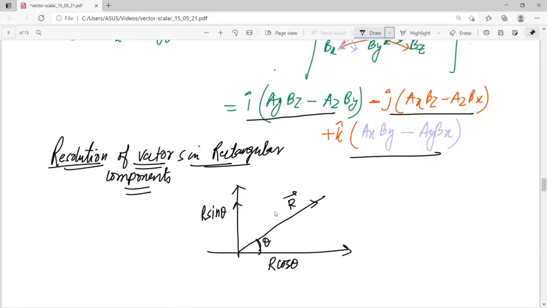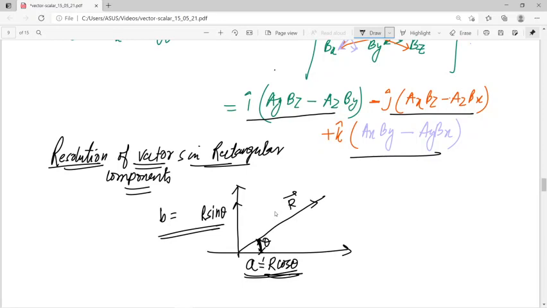That means if this is a, a can be written as r cos theta, and if this is b, b can be written as r sin theta. When you break this vector into two parts, the portion touching theta is the cos component, and the portion perpendicular to it is called the sine component.